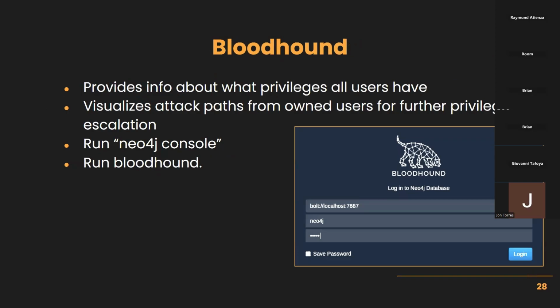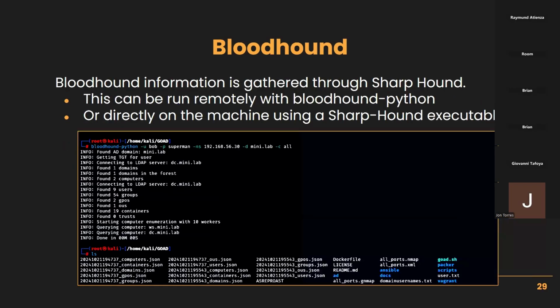Bloodhound, again, provides a visual representation of the domain itself, or at least the relationship between users and groups, and gives a potential path for escalation. It's also gathered through Sharphound, so you could run it remotely.